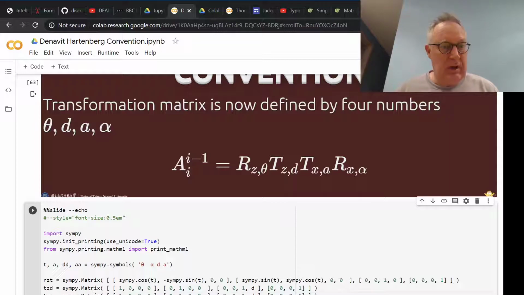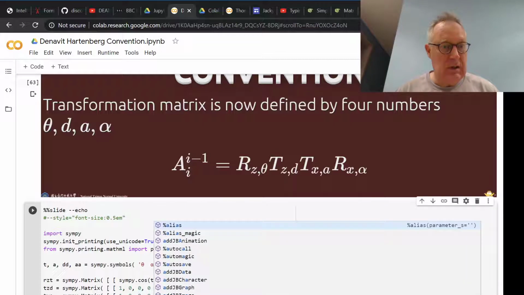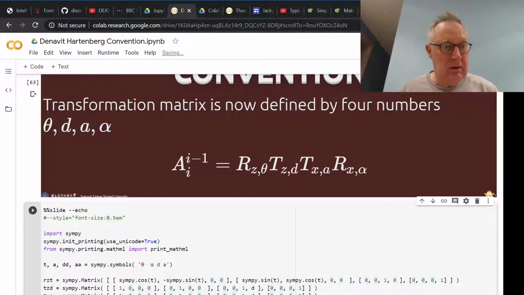So that would be added here, a, and here that should be DD. Oh, no, not this one.